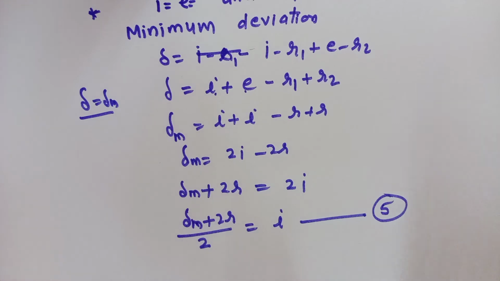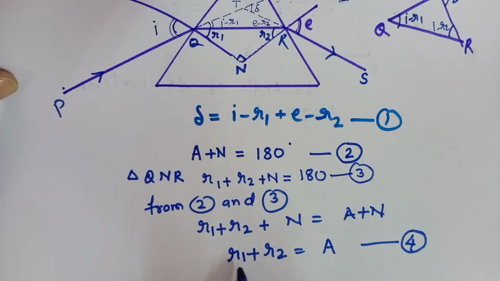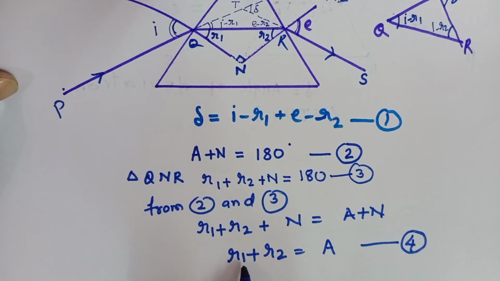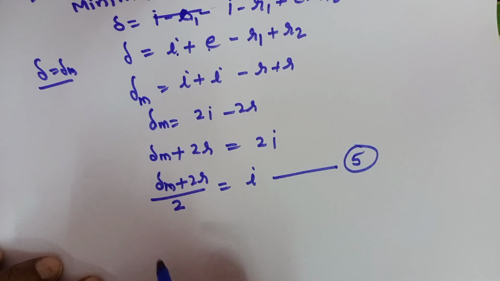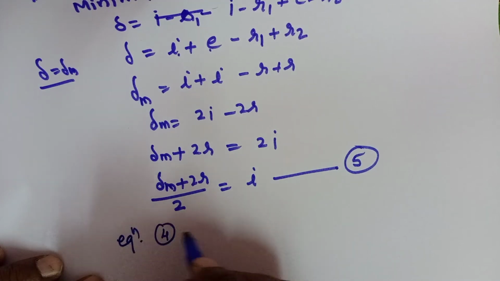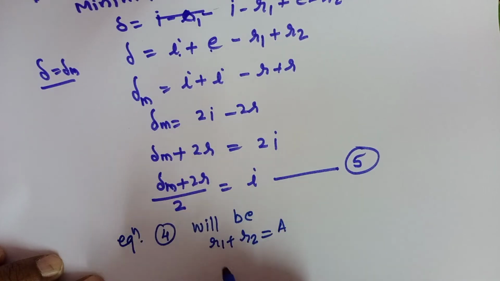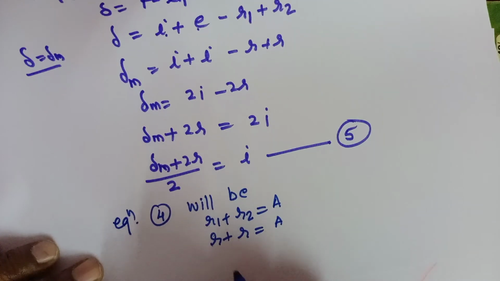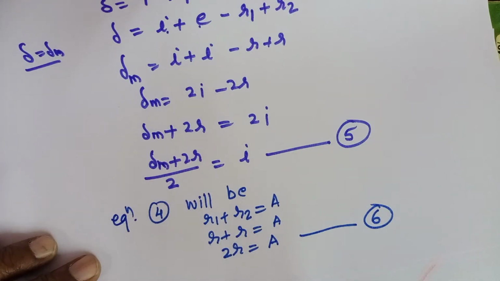Now, what was equation 4? Equation 4 was R1 plus R2 equals A. So here, for minimum deviation, both will be R. So equation 4 will become R1 plus R2 equals A, that is 2R equals A. And this will be equation 6.